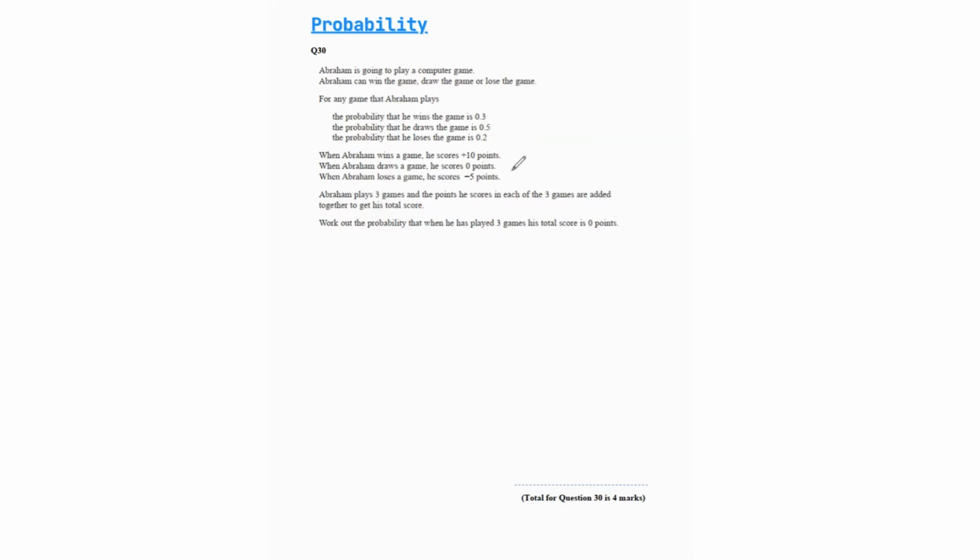So looking at the scores, total score can be 0 if it's plus 10, minus 5, and minus 5. Or if it's 0, 0, 0. And for this, there are different possibilities. It can be negative 5, plus 10, negative 5, or negative 5, negative 5, and plus 10. For this, it's going to be the same.